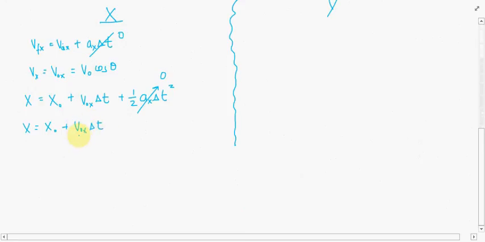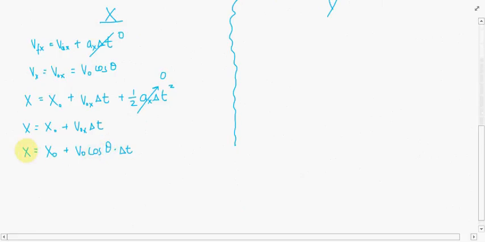Okay, and we've seen in a previous video that this aspect here simply explains how much further an object goes when acceleration is 0. v sub naught x we already identified as being v sub naught cosine of theta, so the final position in the x direction is equal to the initial position plus v sub naught cosine of theta times the change in time.